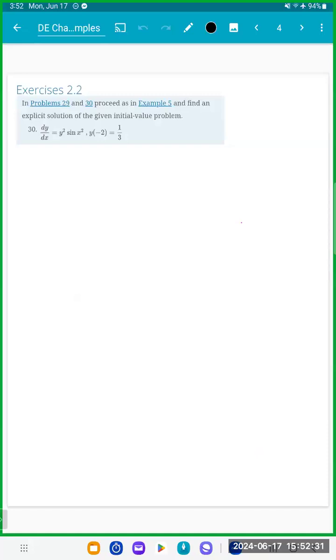Again, let's move to do our integration technique. So that is 1 over y squared dy is equal to sine x squared dx.